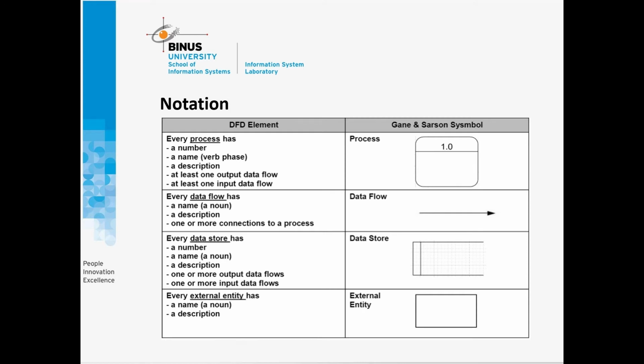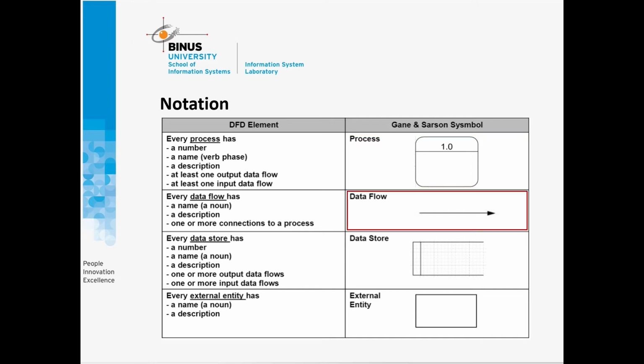Now, I will explain the common data flow diagram notation. First, process. A process is an activity or function that is performed for some specific business reason. Processes can be manual or computerized, but in this course we focus on computerized processes that relate to the systems. The process in a data flow diagram can be taken from the use case that has been created in the use case diagram.